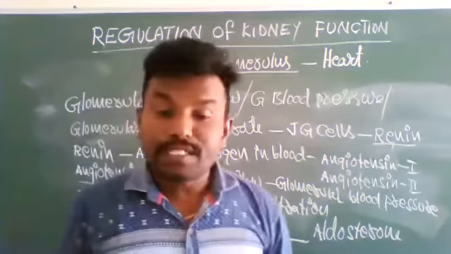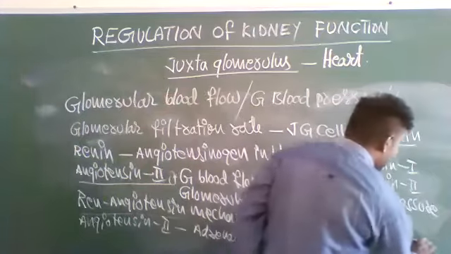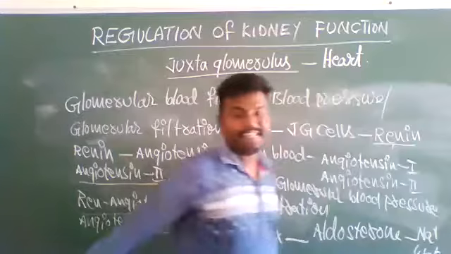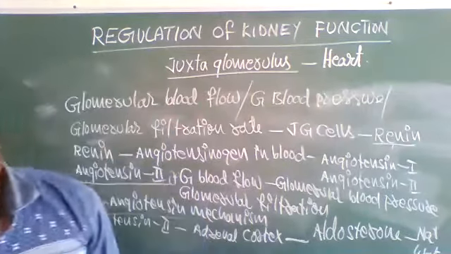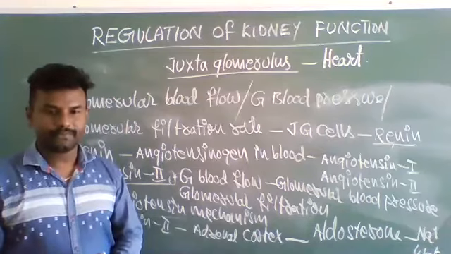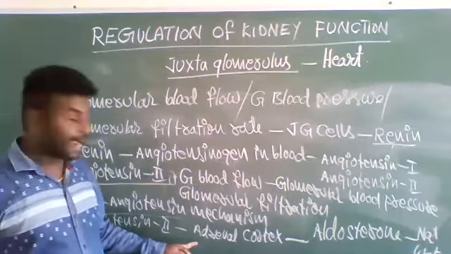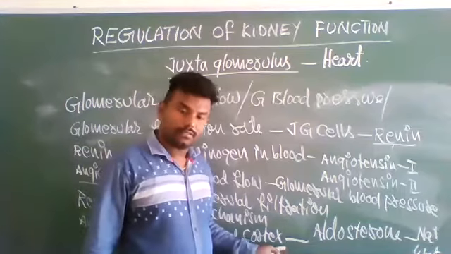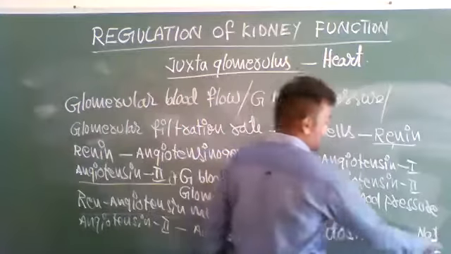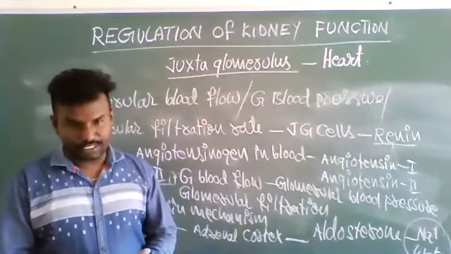This aldosterone hormone plays a major role in the reabsorption of sodium ion and water from renal tubules. Renal tubule means what? Mainly the distal convoluted tubule. So angiotensin 2 acts on the adrenal cortex. It stimulates release of aldosterone hormone. This aldosterone hormone helps in reabsorption of sodium ion and water from the distal convoluted tubule.